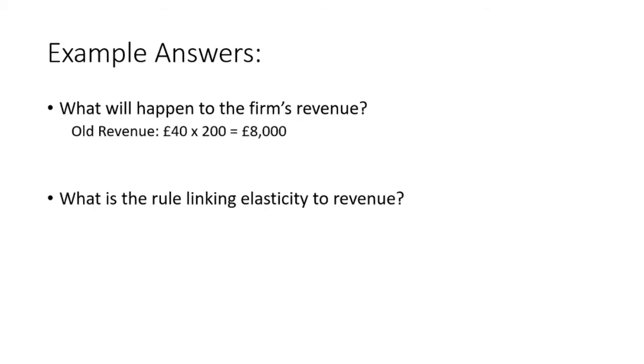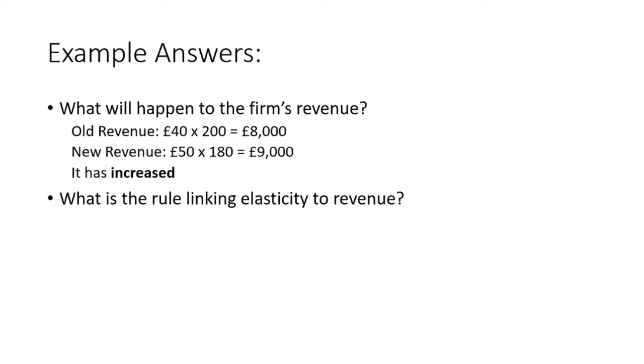What will happen to the firm's revenue? Well, the old revenue, the old price and the old quantity, £40 times 200, is £8,000. The new revenue is £50 times 180, and that works out to £9,000.